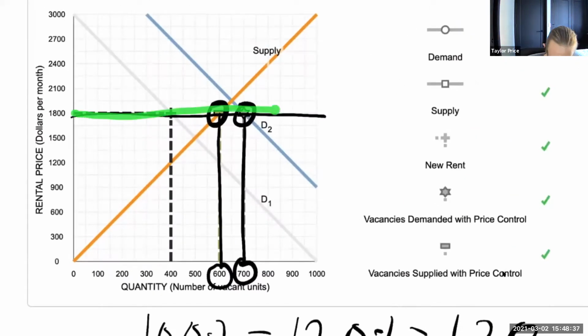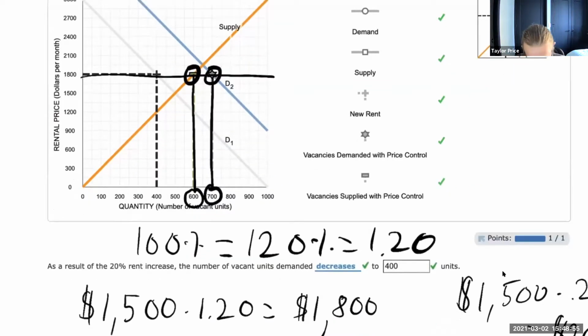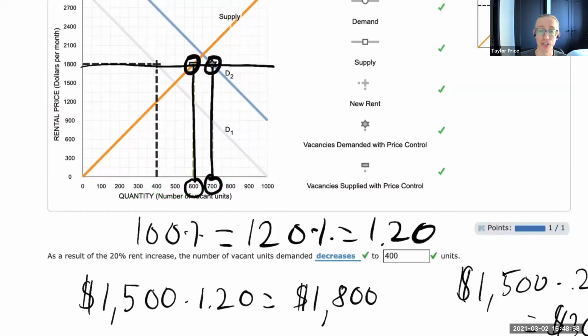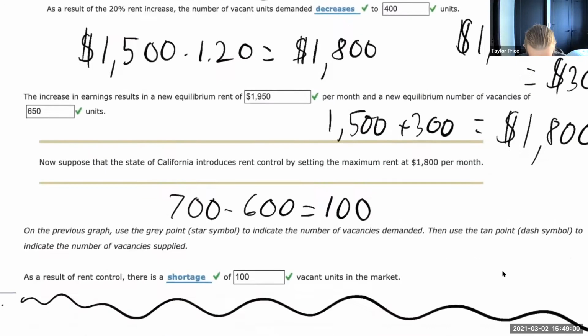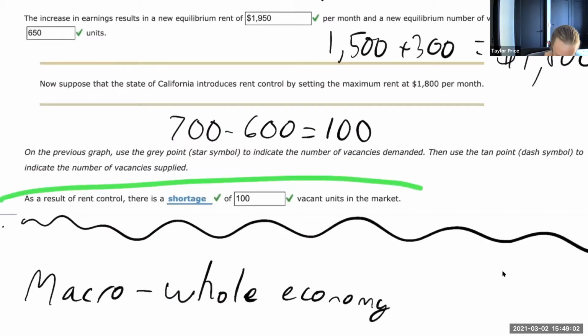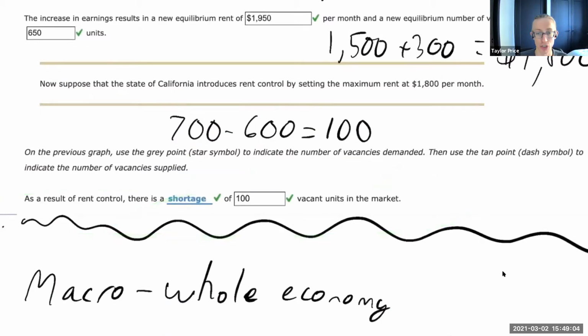So this is going to be the new effective cap on rents. Because of that, there's going to be a difference between demand and supply, and that difference is effectively a shortage. That shortage is 100 units. So we can see there's going to be a 100 unit shortage in the market.